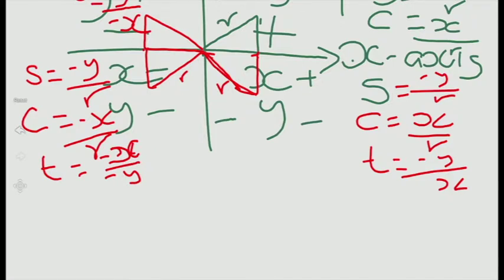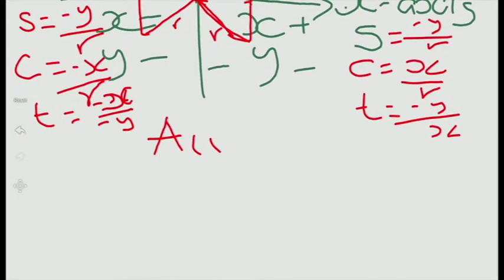So now we can have a summary which says, for the first one, all are positive. For the second one, we have only sine positive. For the third one, we have only tangent positive.